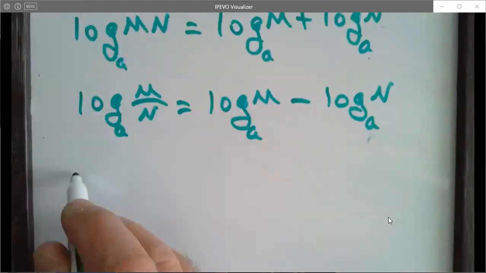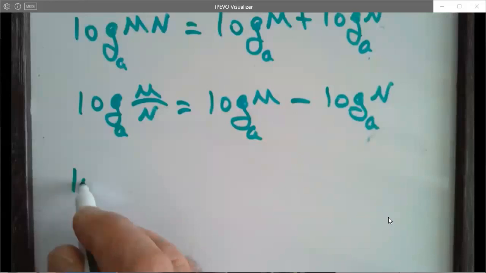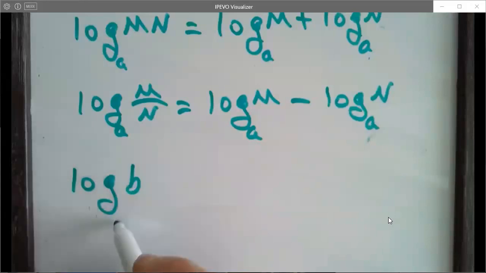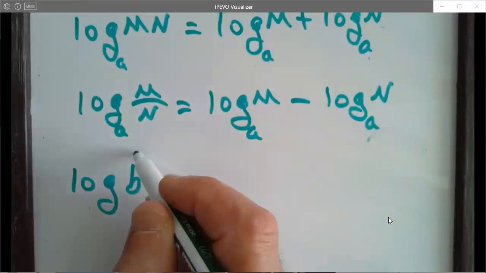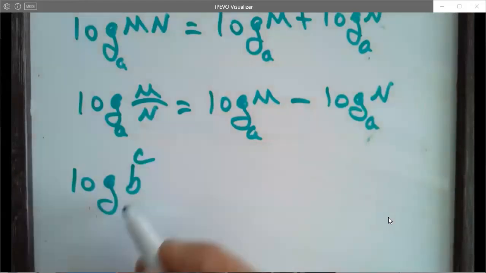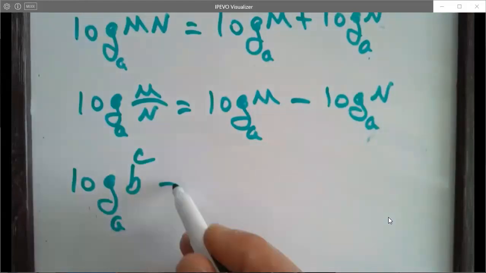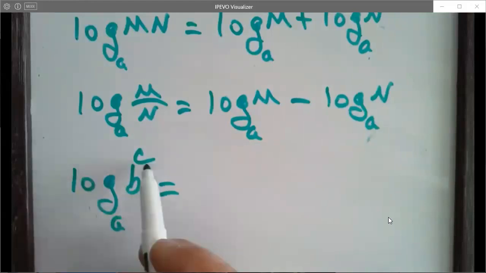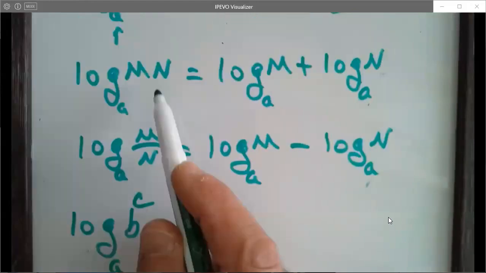Okay, so now if you have a log, let's say b to the c power base a, and you want to expand that, because this is up here as an exponent, it's not multiplying like this one is.